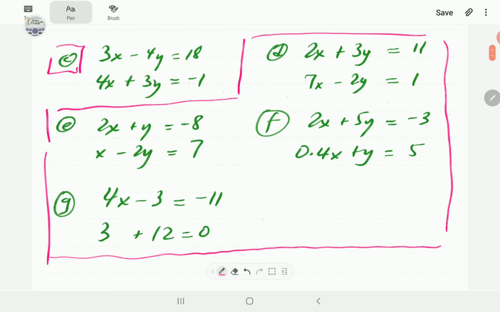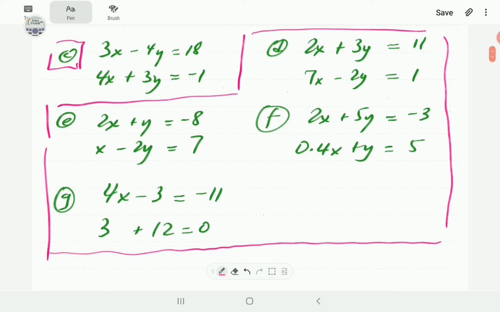And then we asked you to have a go at examples D, E, F, and G. We hope that you have done that. If you have, then this session is going to be much more useful to you than if you haven't. All right, so let's go on to D then.